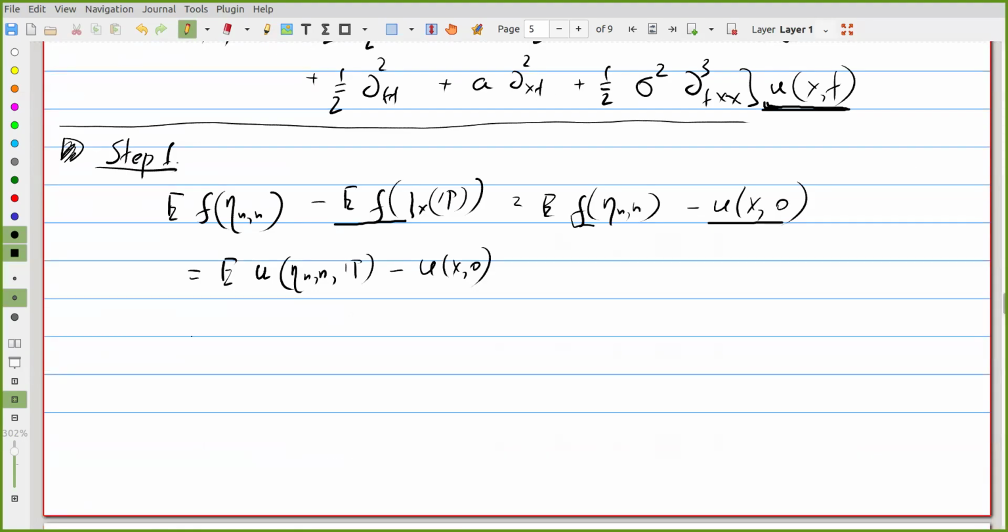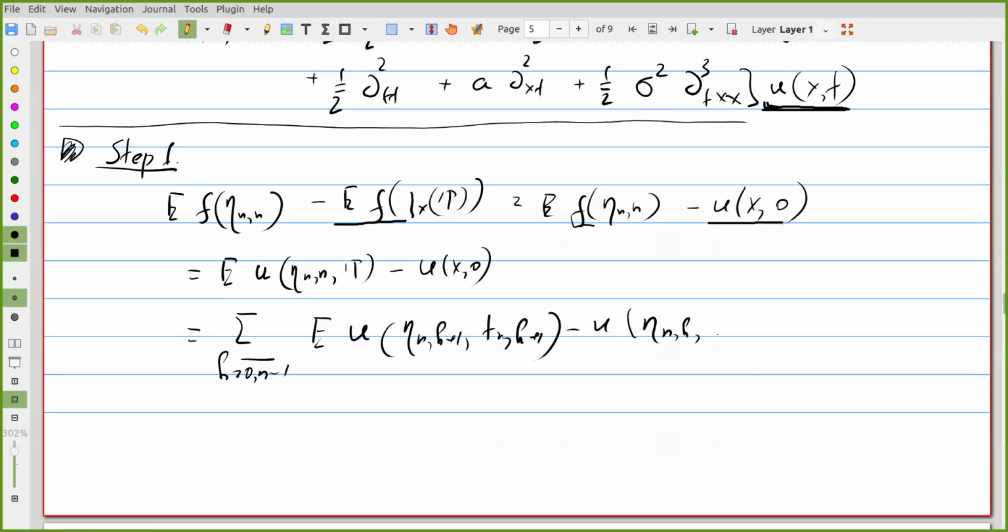And now we can write this as a sum, k from 0 to n minus 1, as a telescopic sum: mathematical expectation of u(eta_n^{k+1}, t_n^{k+1}) minus u(eta_n^k, t_n^k), and I will denote such terms as I_{n,k}.